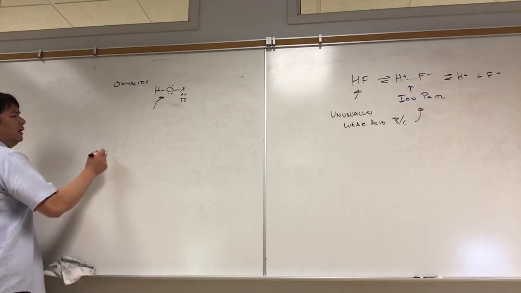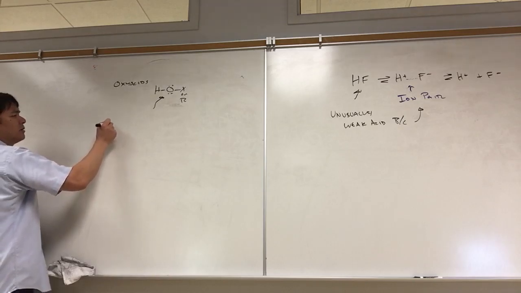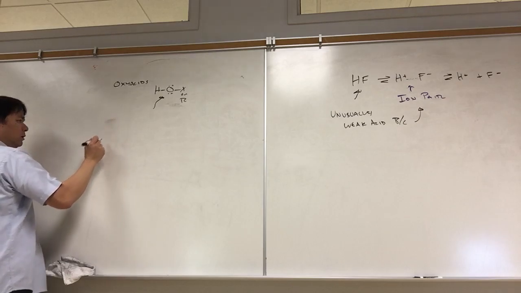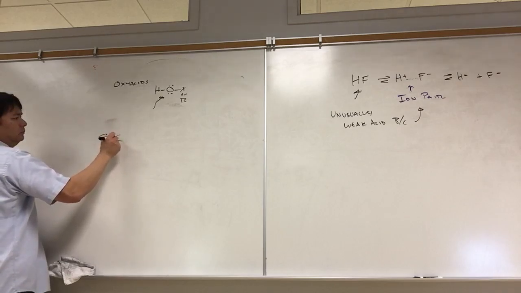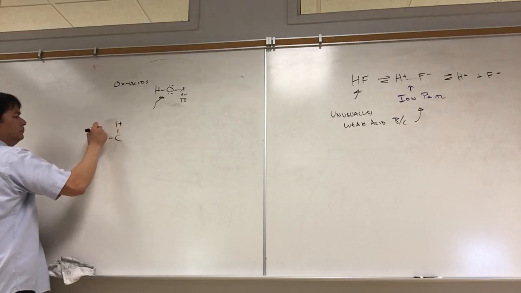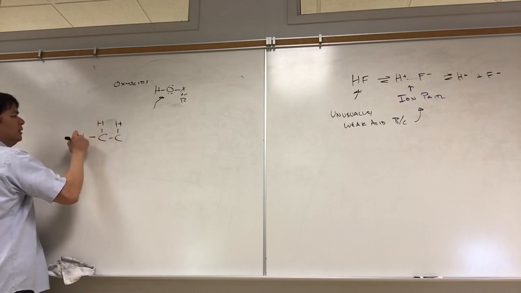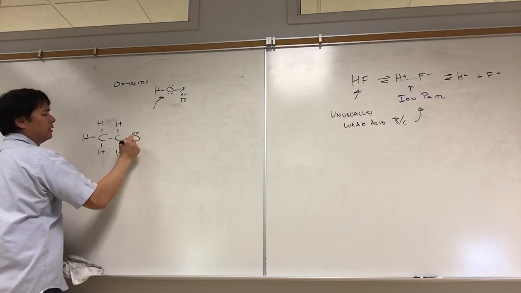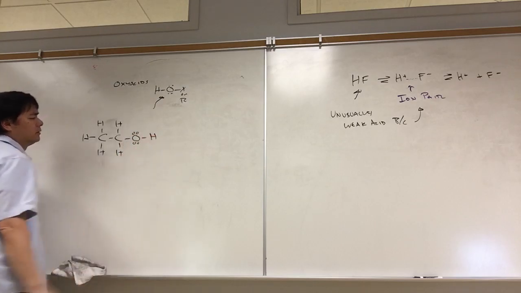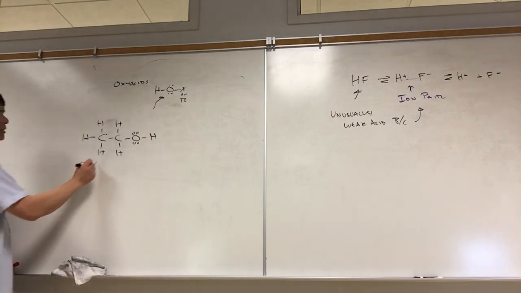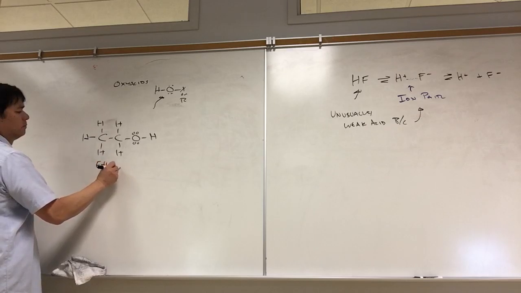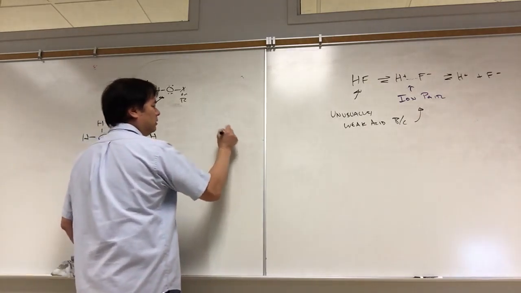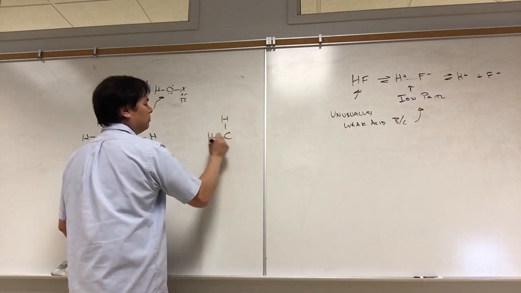And so, in this case, we look at things like polarity or stability of the conjugate base. So let's take a look at a couple of structures here. This would be ethanol. Ethanol is not usually considered an acid.